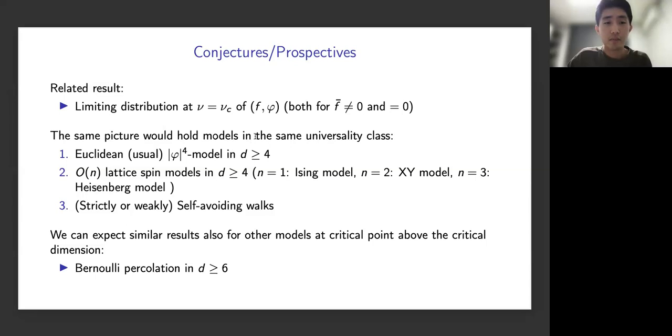And also we expect that the same picture should hold for models in the same universality class, which includes the Euclidean or the usual phi-4 model, not the hierarchical one, and also O(n) lattice spin models, which includes the Ising model when n is equal to 1, the XY model when n is equal to 2, and the Heisenberg model when n is equal to 3. And also it includes the self-avoiding walks.